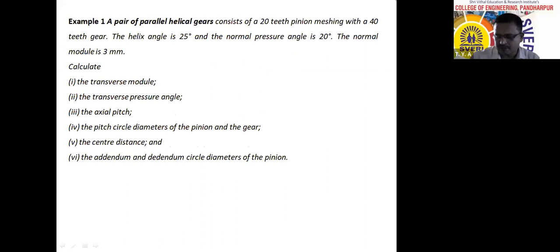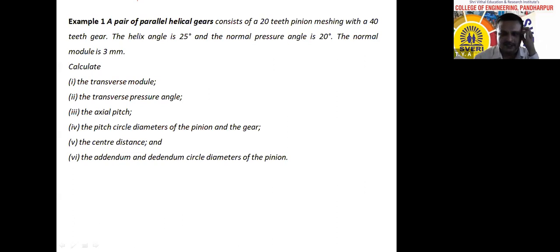All the students should write the problem. A pair of parallel helical gears consists of a 20 teeth pinion meshing with a 40 teeth gear.